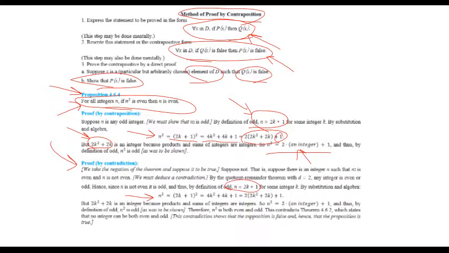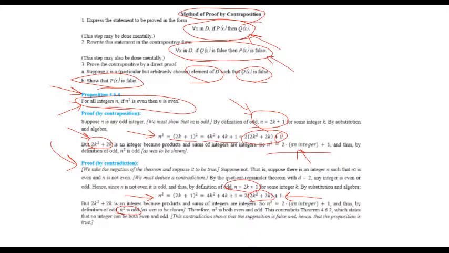In this very similar way, I substitute n by its equivalent value, which is 2k plus 1, and I use some basic algebra to reach that n squared is equal to 2 times another integer plus 1. So I obtain that n squared is odd because it's equal to 2 times an integer plus 1.